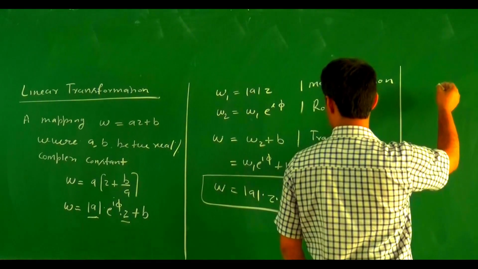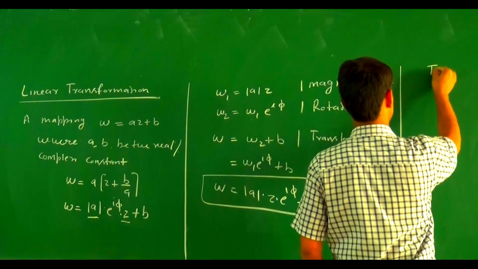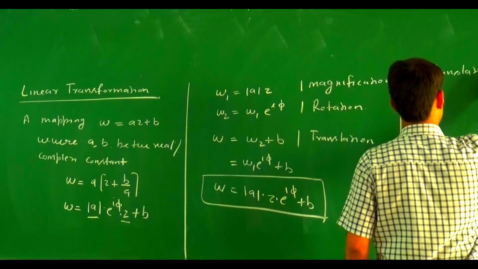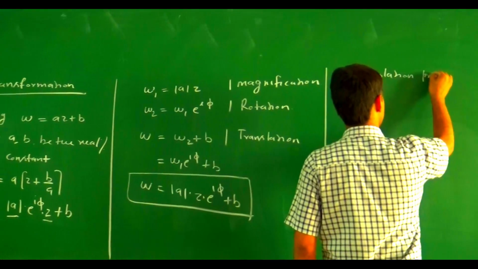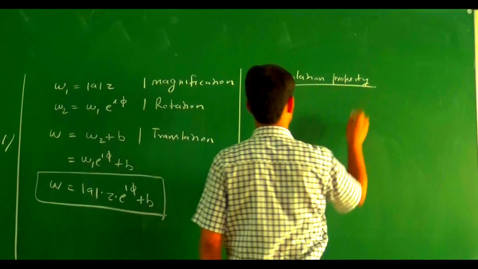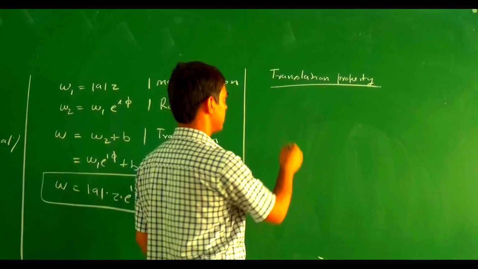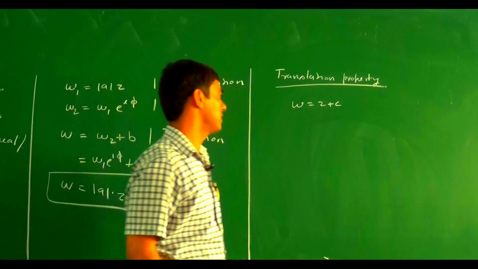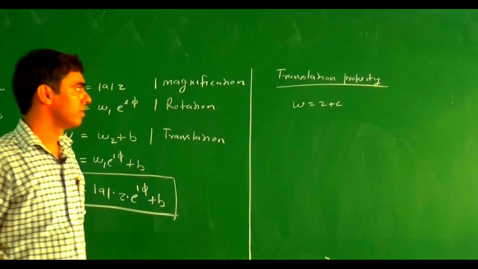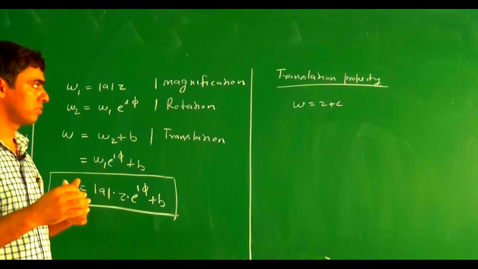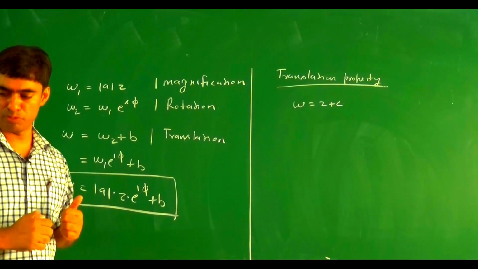Here we discuss the first, the translation property. What is the translation? Translation means W equals Z plus C. This is your translation, which means a shift from one position to another position.